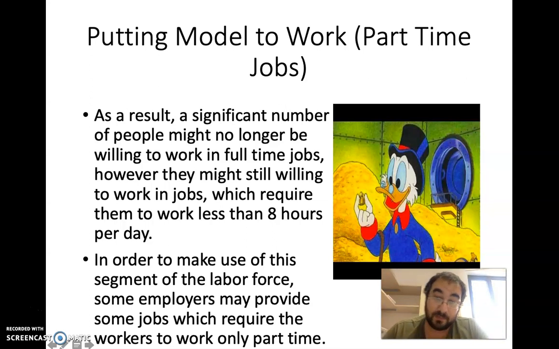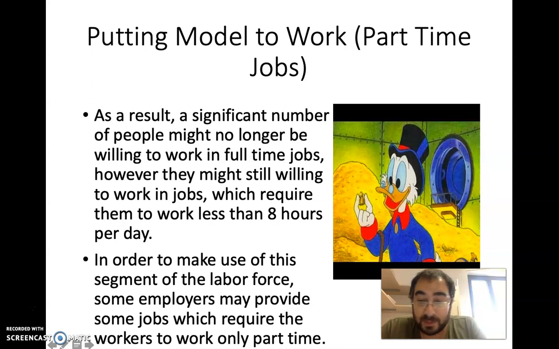So whether the increase in available part-time jobs in the 21st century economy is a result of the supply side or demand side, that's one discussion.